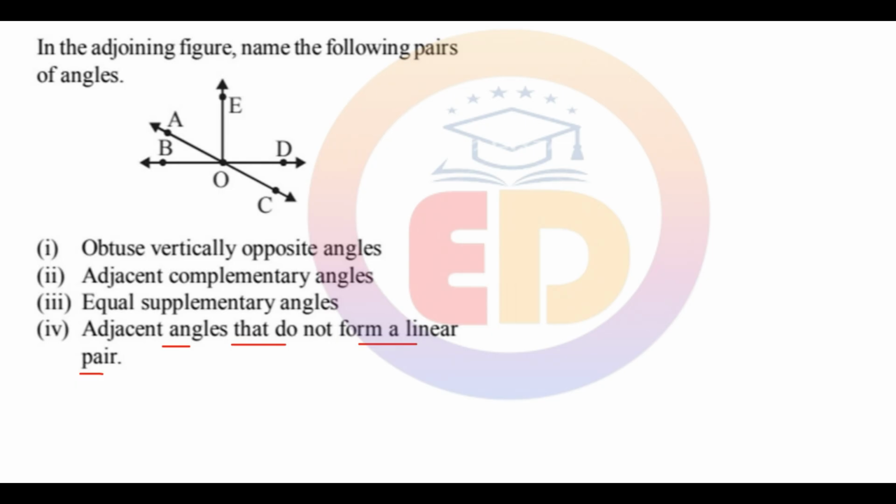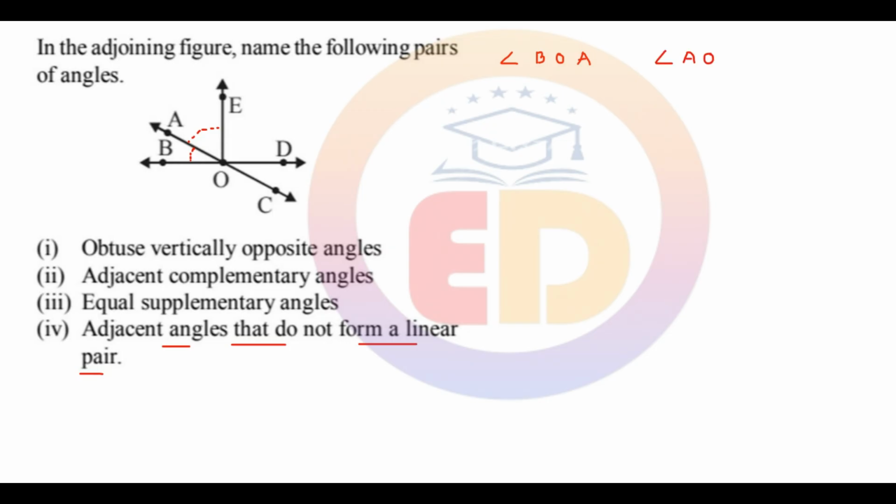Adjacent angle पहला है एंगल BOA और एंगल AOE. दोनों एंगल्स को आप ऐड करेंगे तो ये कॉम्प्लीमेंट्री आएगा, 90 डिग्री आएगा, लीनियर पेयर नहीं आएगा, 180 नहीं आएगा. So first will be angle BOA and angle AOE.